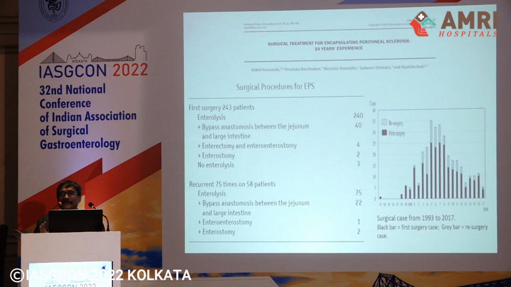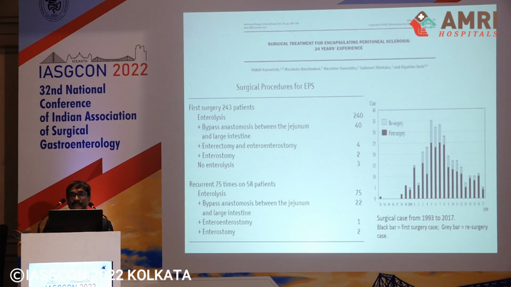So, what are the long and short term outcomes of the surgery? This is one of the largest Japanese studies of 243 patients, where enterolysis was done in 240 patients with other small procedures like bypass or jejunostomy or ileocolostomy, or in some patients only a diversion in the form of enterostomy in 2 patients, and no surgery was done in 3 patients.